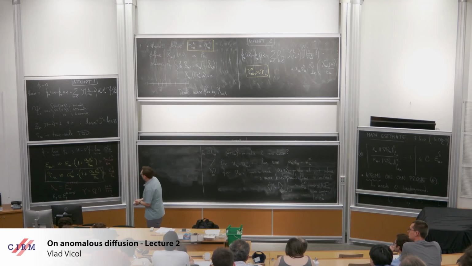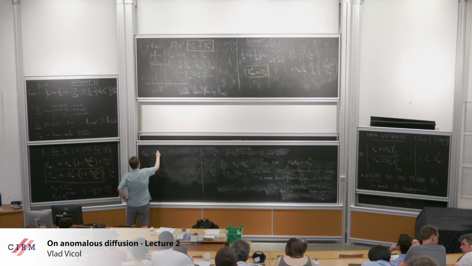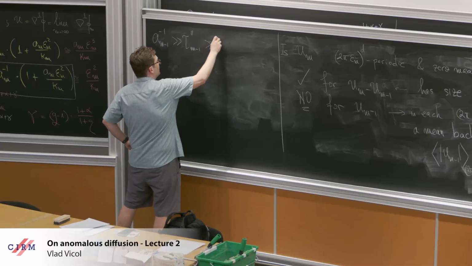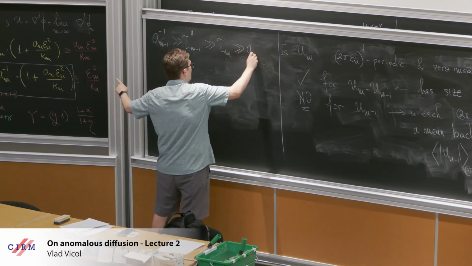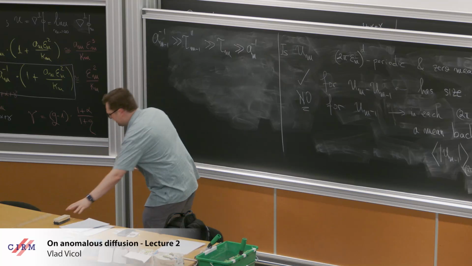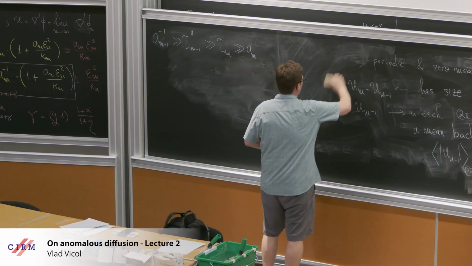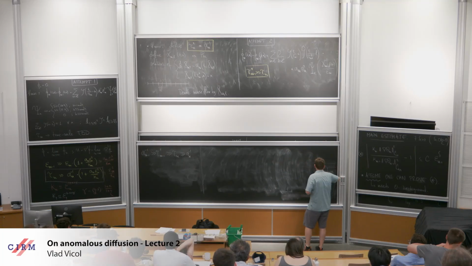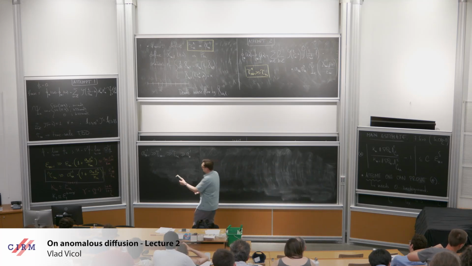So you need, what is the biggest constraint? So you need a m minus 1 inverse to be bigger than tau m minus 1 double prime, to be bigger than tau m, which needs to be bigger than am inverse times.